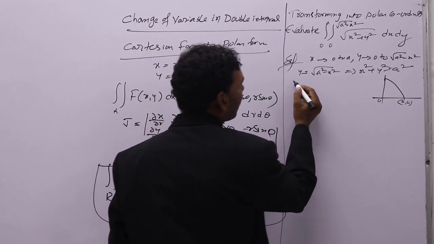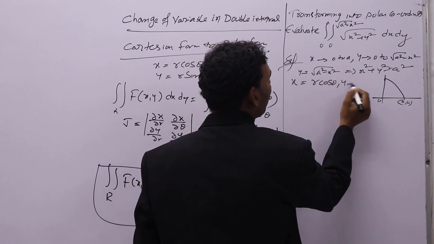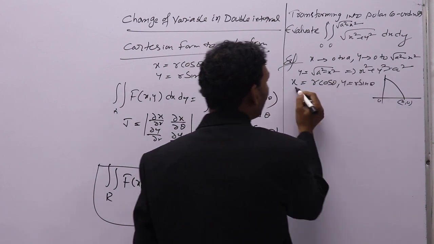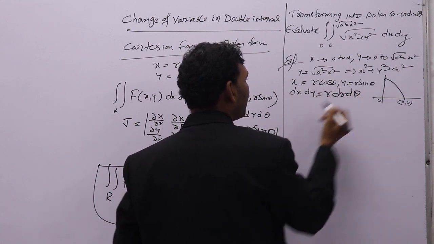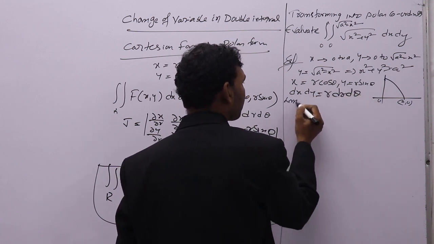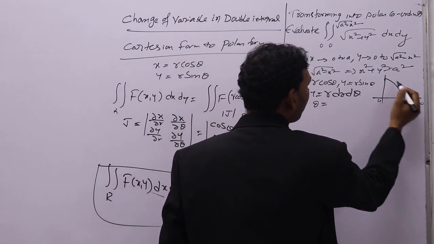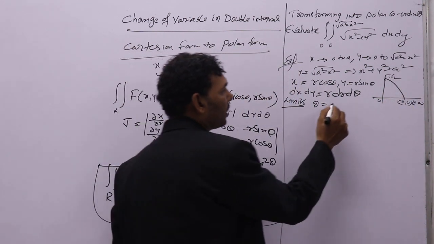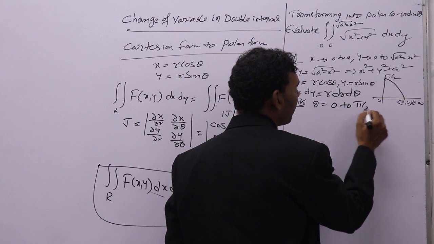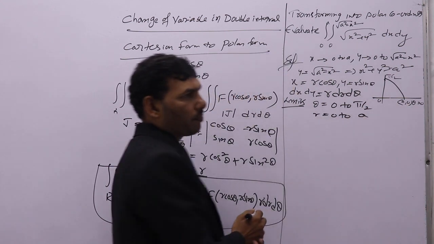For that, we need to substitute x as r cos theta, y as r sin theta. In the place of dx dy, you need to write r dr d theta. What about limits? Here it is very clear: theta is from 0 to pi by 2, first quadrant, right? R, the radius, is given. R is from 0 to a only.